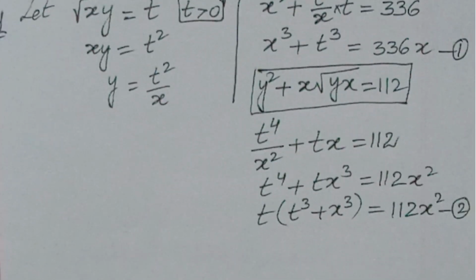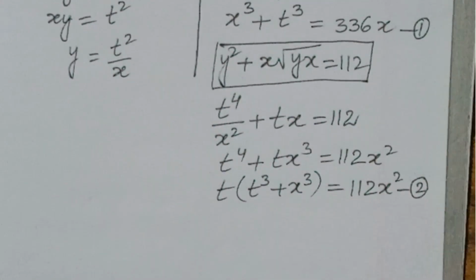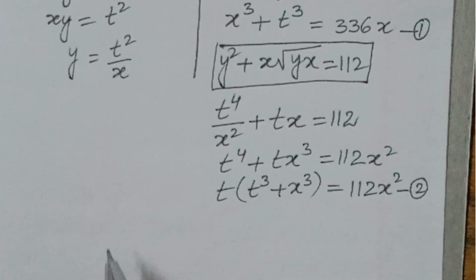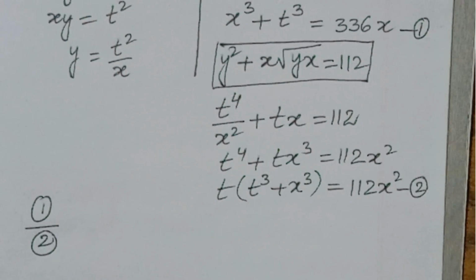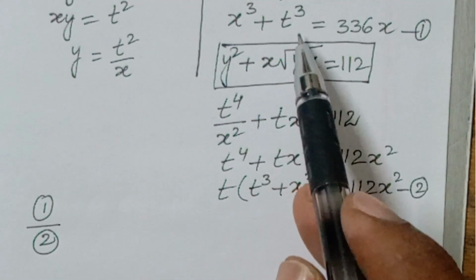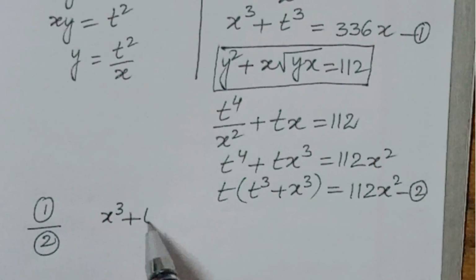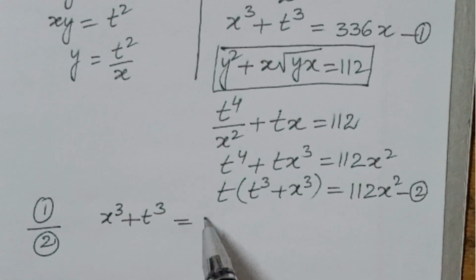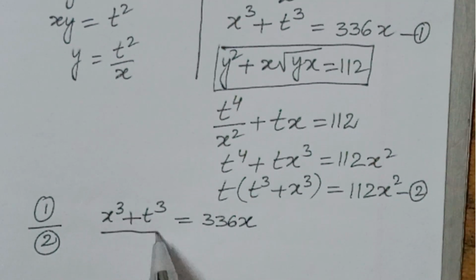Now our target is to find the value of t. Now if you divide 2 by 1, why are you dividing 1 and 2? Because x cube plus t cube will get cancelled. First one: x cube plus t cube is equal to 336x.